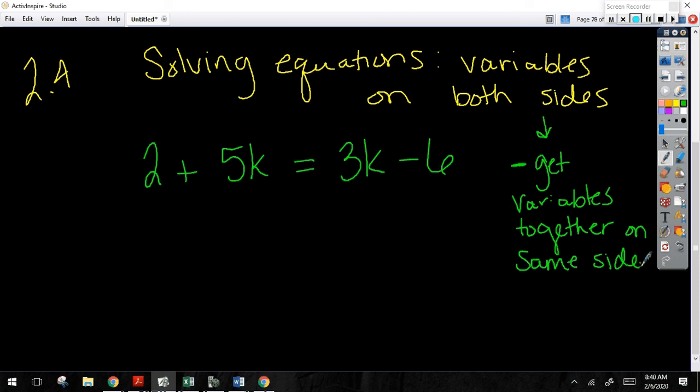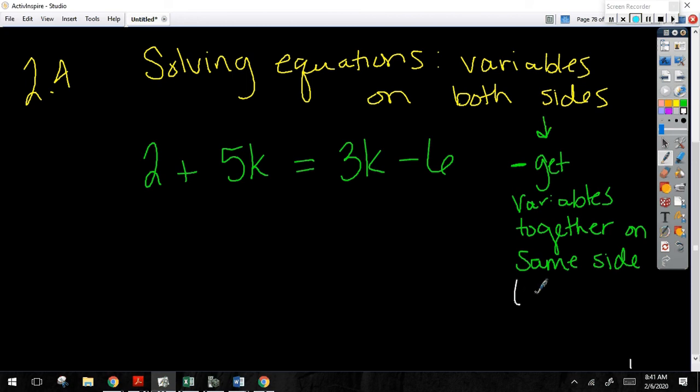So if you look at this one, David said move the 5k. My question is, how do you know which one to move? If I look at this equation, how do you know which one's the best one to move? The smaller. Why the smaller? Easier. You're exactly right, George. You're not wrong if you move the bigger one, okay?